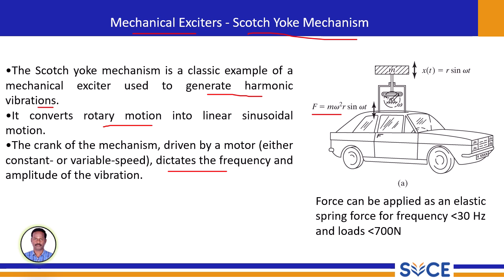Here r is the displacement of the object, whatever is going to be kept on this table, or here it is going to be the car, and omega is once again the motor speed.